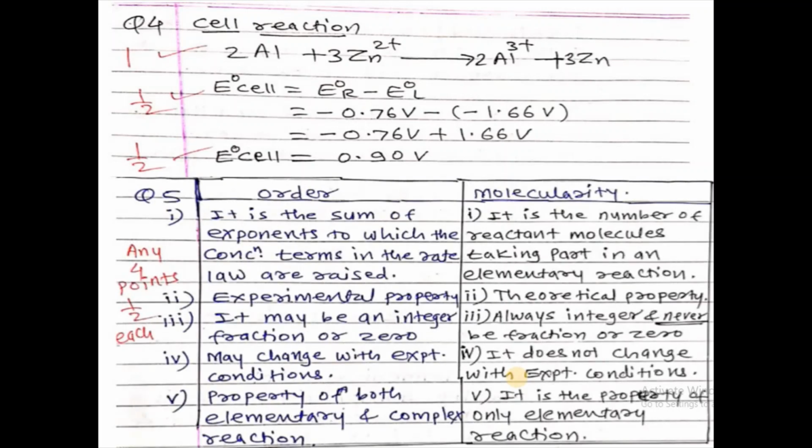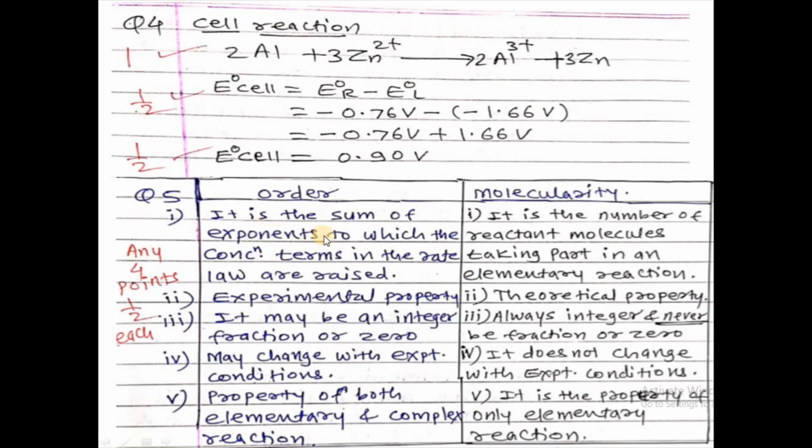Then question number 5 is: write the difference between order and molecularity of the reaction. You have to write only 4 points, and half mark is given to each correct point. Order is the sum of the exponents to which the concentration terms in the rate law are raised. Molecularity is the number of reactant molecules taking part in an elementary reaction.